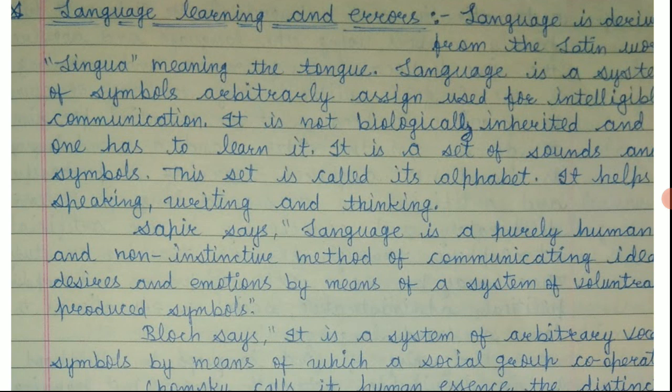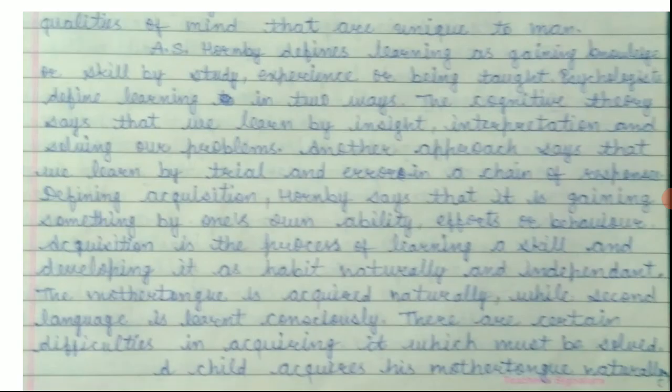Now, Hornby defines learning as gaining knowledge or skill by study, by experience, or by being taught. Learning is the skill which I get either by studying, gaining experience, or being taught by somebody else. Psychologists define learning in two ways.